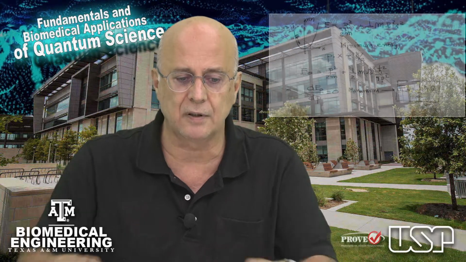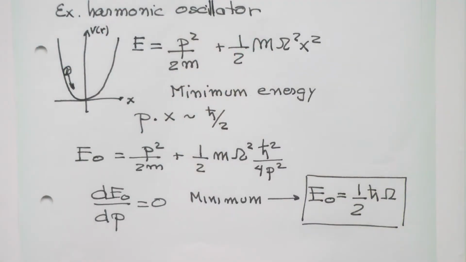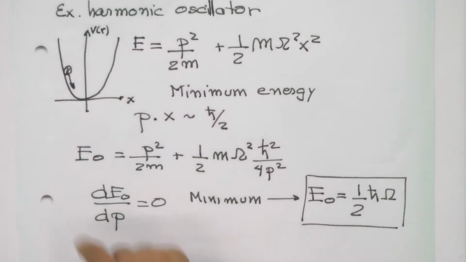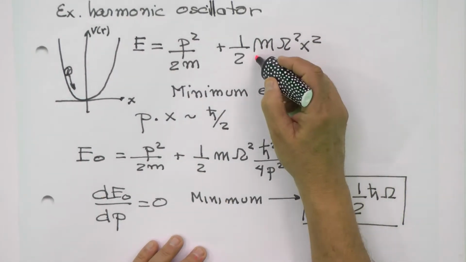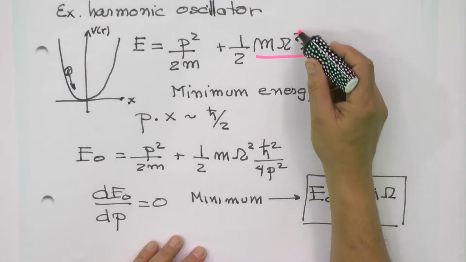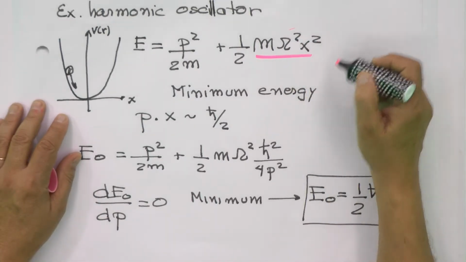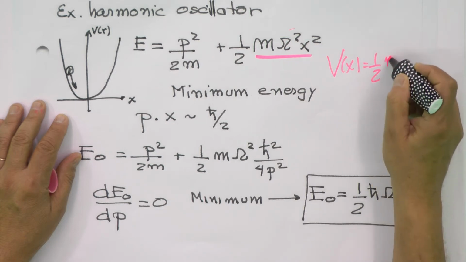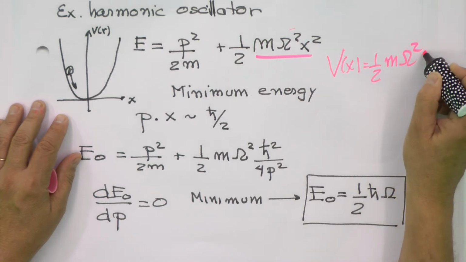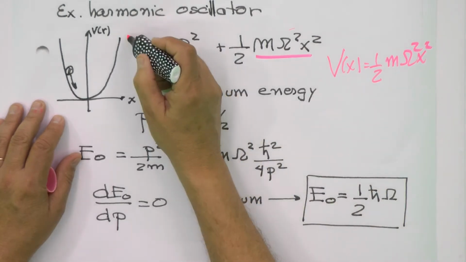Now, you can imagine another situation that's very important. A harmonic oscillator. You know, in a harmonic oscillator, you have an energy that's dependent on x squared, with omega squared. So this is like saying that the potential is half m omega squared x squared. So this is the total energy.